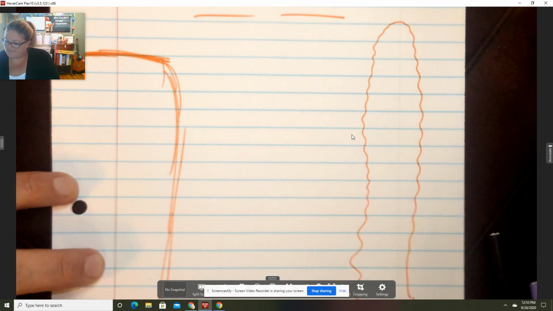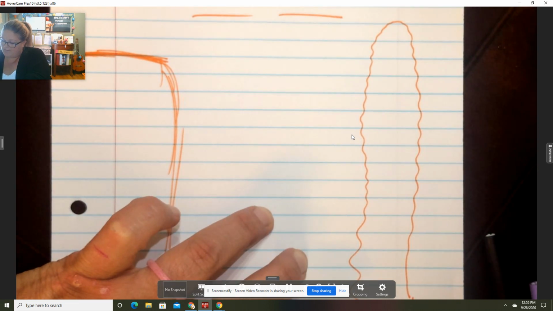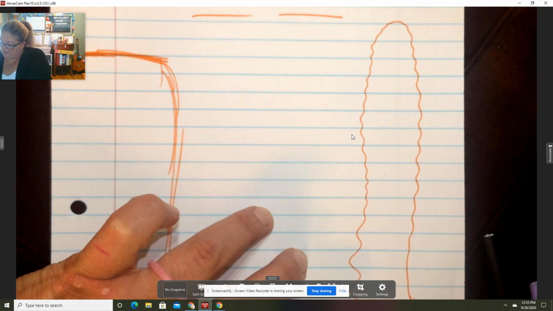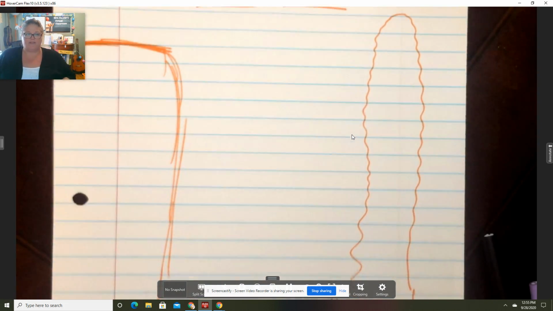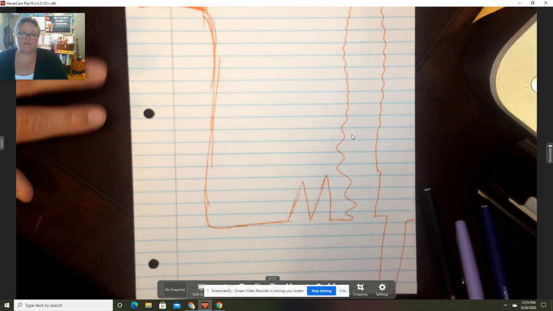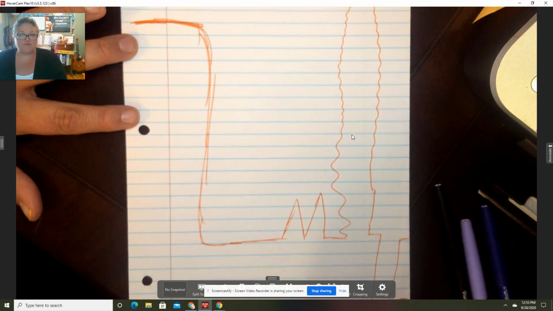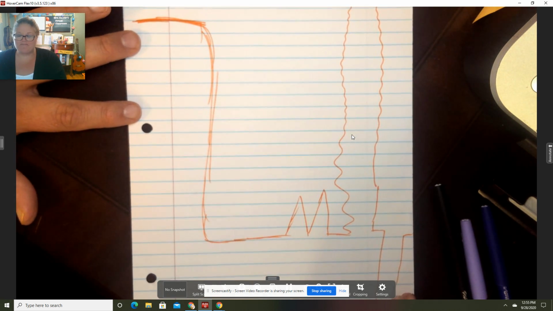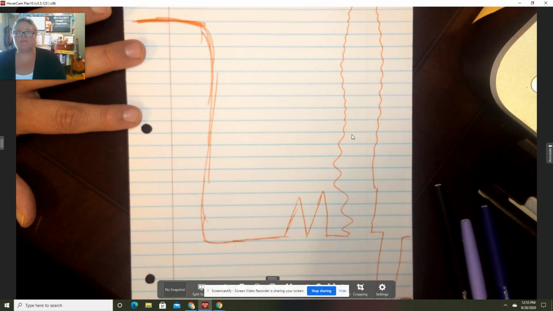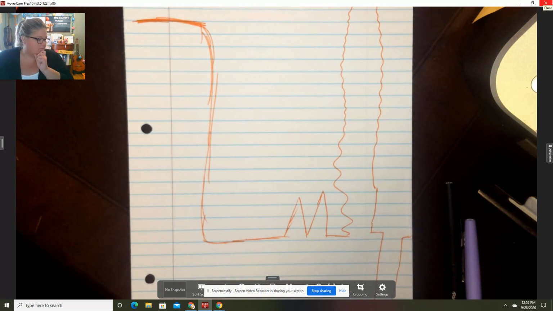I do my best. All right, it's hard to fit it all on a little page, so I gotta zoom out a little bit. All right, so that, y'all, is my ocean floor. And that's beautiful. Just make sure to draw that first, and then we will label it.